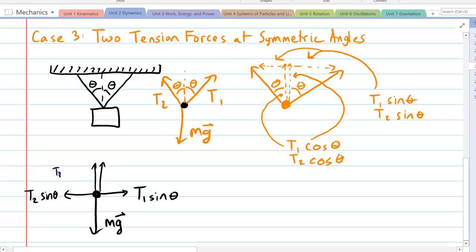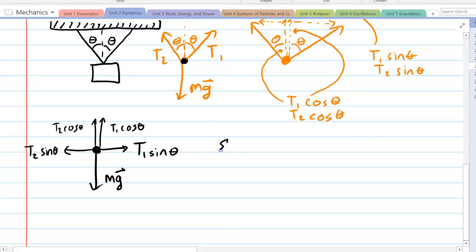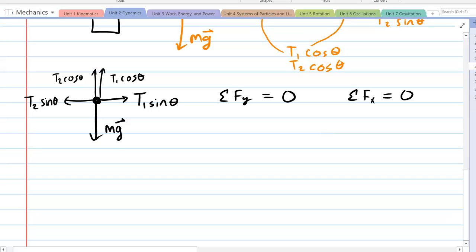This is T2 cosine theta, and this is T1 cosine theta. Right, so this is the free body diagram broken up into components, and then basically we want to use Newton's second law, right? The y components here and the x components here. The block is not moving in any direction, so it's 0 on both sides, or in both equations.